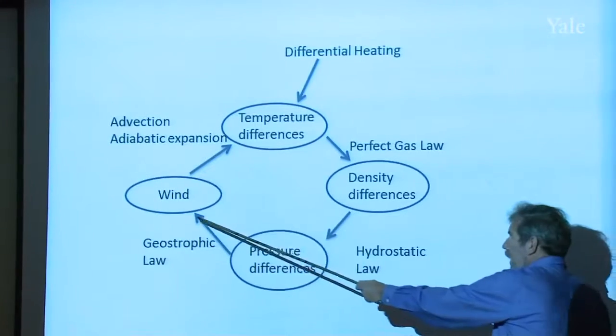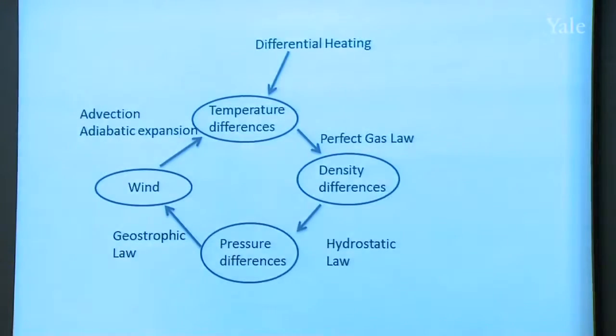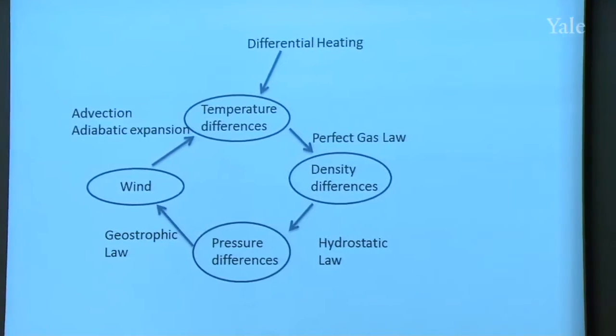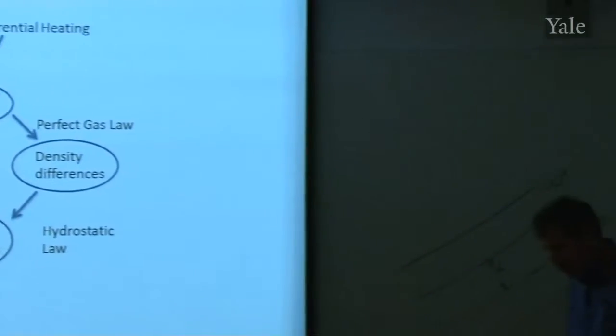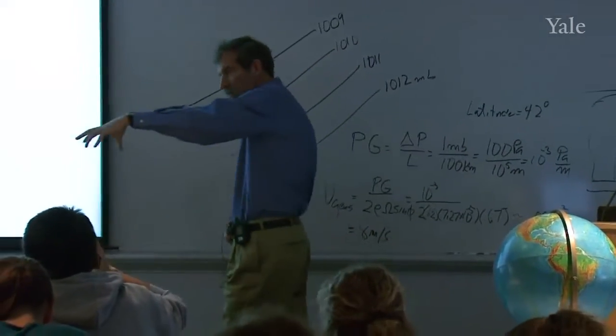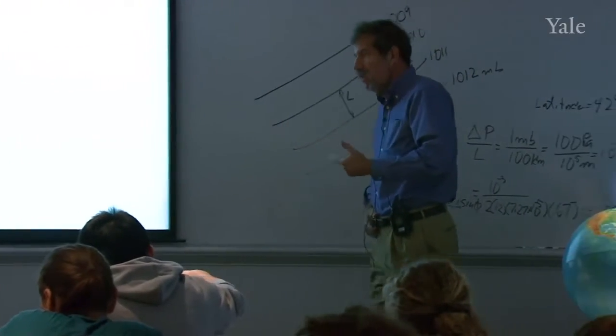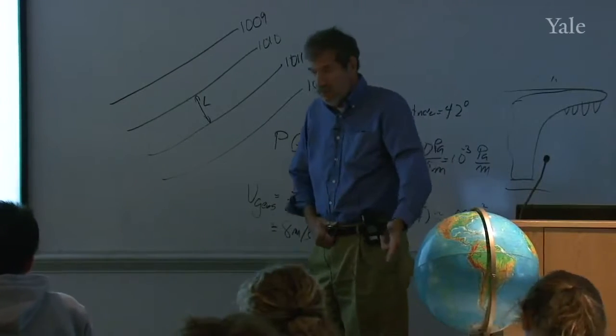And then it loops back on itself because the wind will have an influence back on the temperature of the air. It does that in two ways. If I've got cold air here and the wind is blowing, it's going to carry that cold air to a different location. Last time we talked about if air moves, heat moves too, and that's what I'm talking about here.